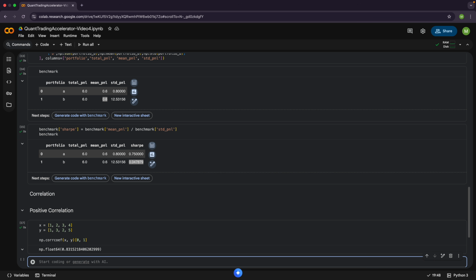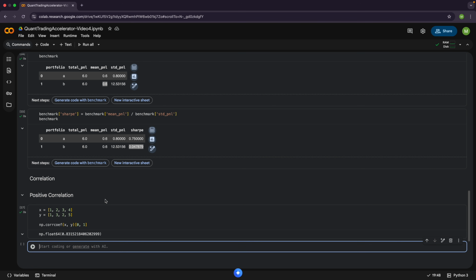So this is an example of a positive correlation. The correlation measures how two time series move together. Do they move positively together or negatively together, or, for example, if one time series goes up, does the other one go down? This is essentially how they move together. If it's a positive correlation, this means they move up together and move down together.